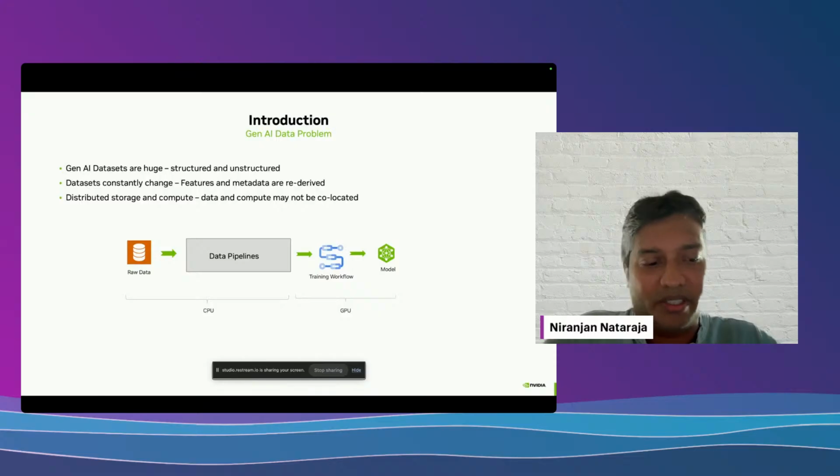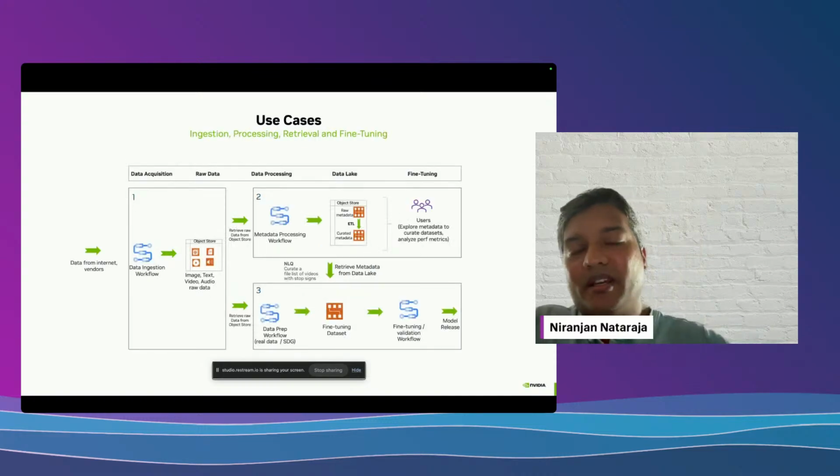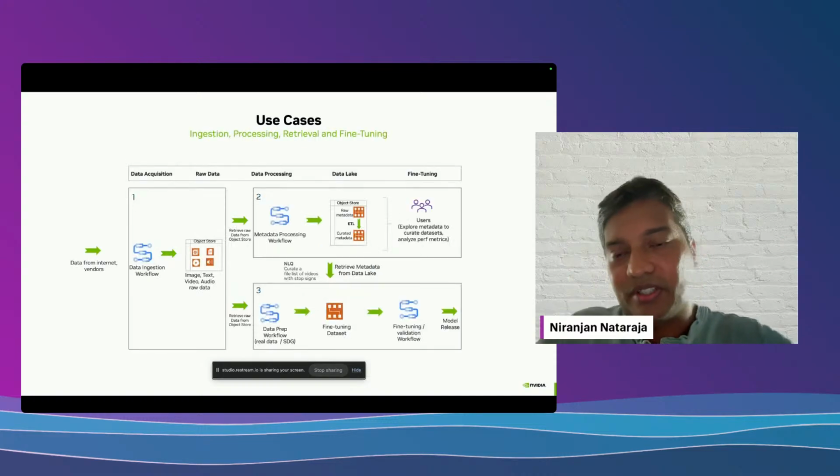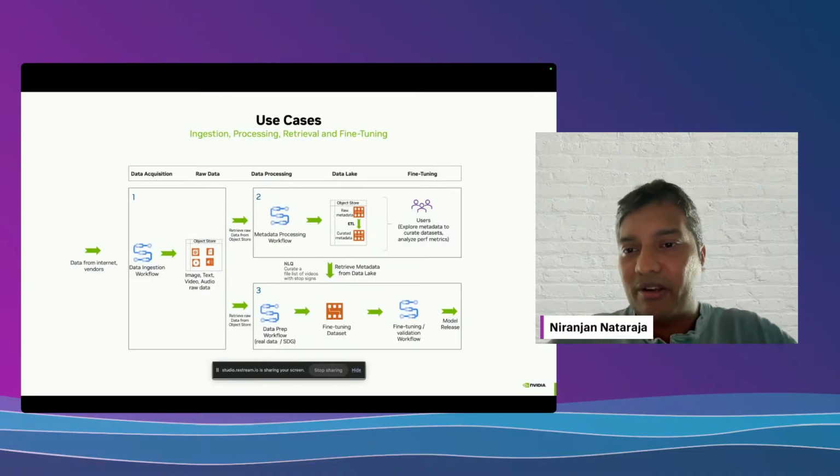So let's double click on the data pipelines part. What really happens there before we get to the training workflow? Let's start with the data acquisition part, and then go all the way up to the fine tuning. With data acquisition, generally we have data from the internet or from vendors.